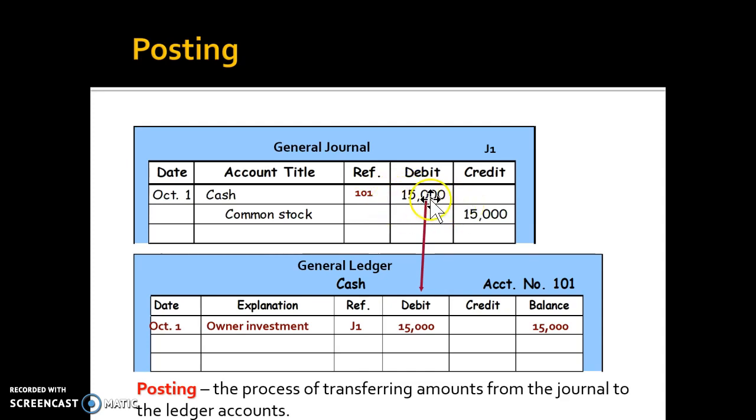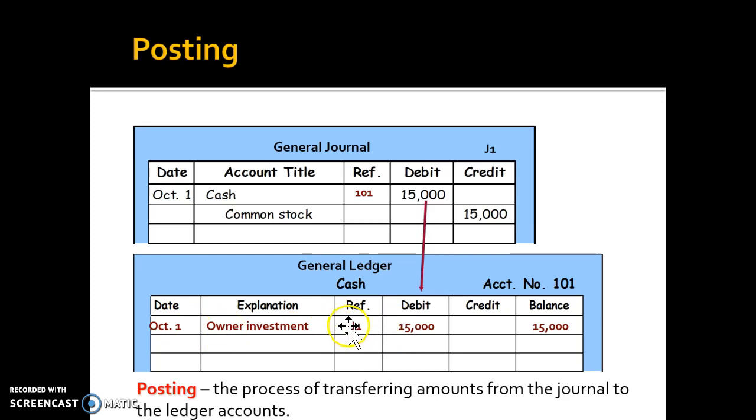It debits $15,000, and you will see this is copied to the ledger. It's a sorting process. We sort all entries with cash to the general ledger that's designated for cash. Now you can imagine if I have 100 of them, I would know the balance because I put all of them in.